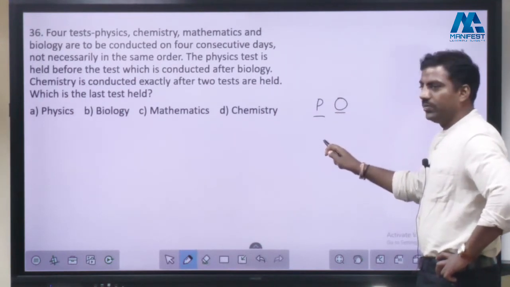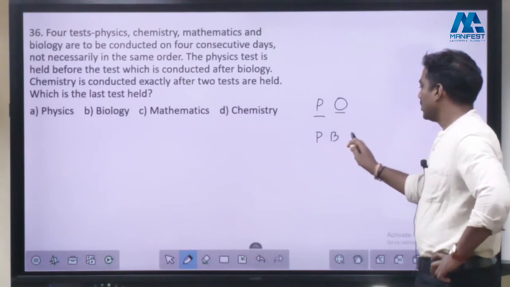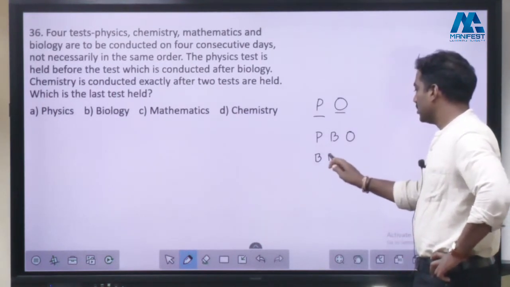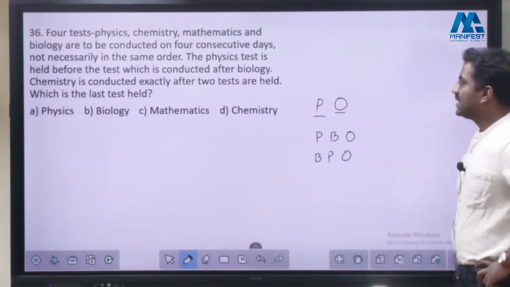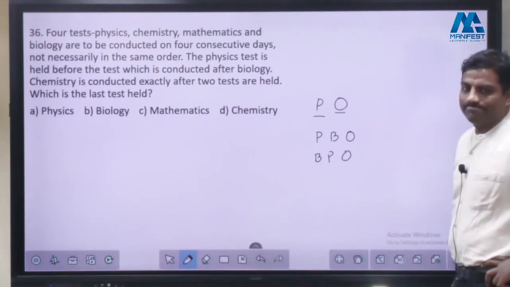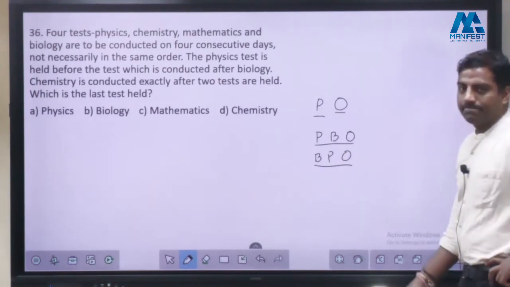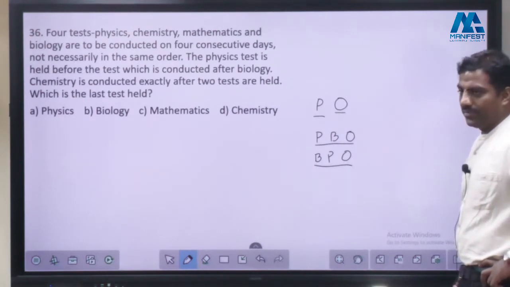So how should the order be? The physics test is held before the test which is conducted after biology. So for now, let us have both the options here. Then, chemistry is conducted exactly after 2 tests are held.